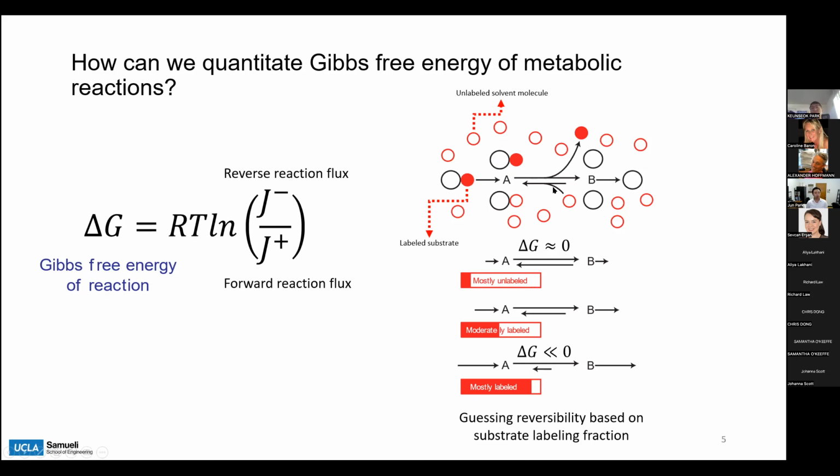In the reverse reaction, it gets the unlabeled molecule from B to A to generate unlabeled substrate. So based on the labeling fraction of substrate A, we can tell how far or close the reaction is to equilibrium. If the substrate is very unlabeled, then reverse flux is comparable to the forward flux, which means it's really close to equilibrium. If it's the opposite, then it's strongly forward driven.